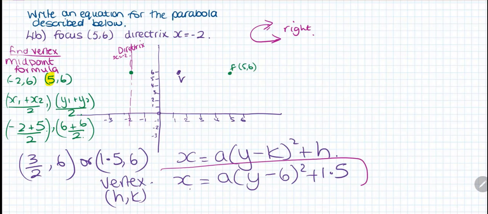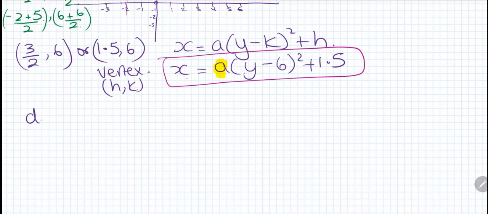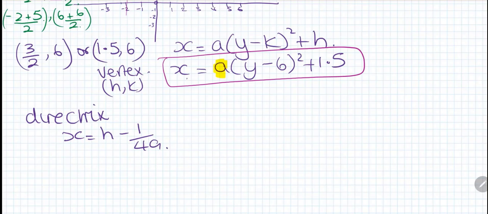So now we need to find the value for a. We can use the formula for the directrix. This formula is x is equal to h minus 1 over 4a. So we're going to substitute in the values that we know.